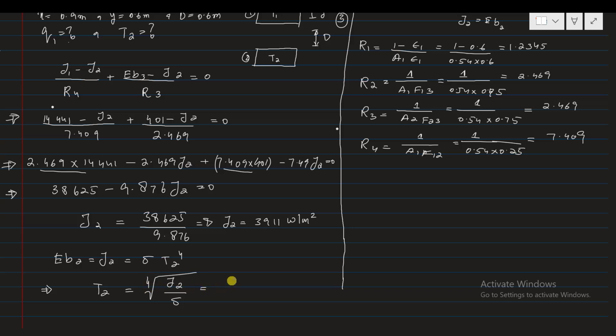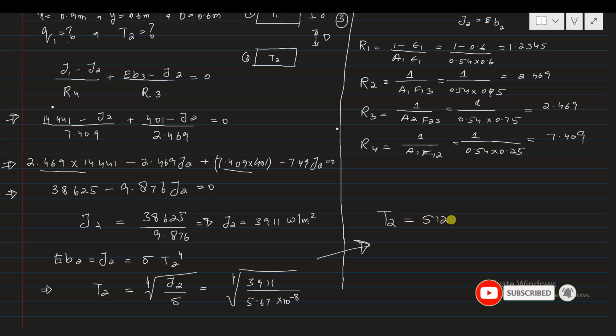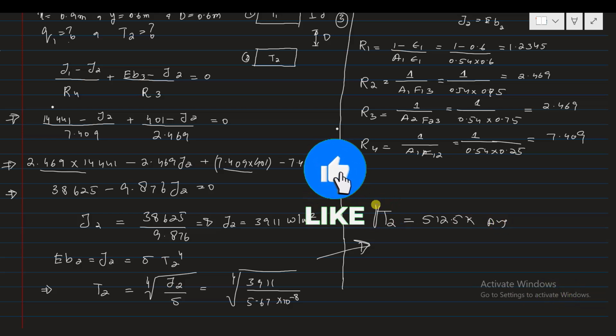So J2, that is 3911, divided by 5.67 multiplied by 10 to the power minus 8. Solve this on the calculator and you will get the temperature of the second plane, almost 512.5 Kelvin. And this is the final answer of this statement.